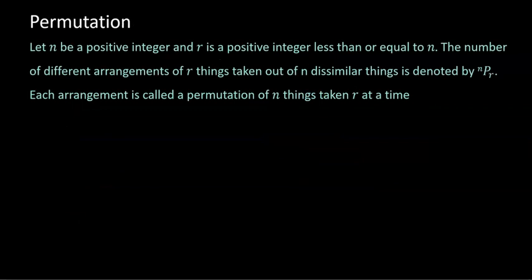So here, what exactly is happening? There is a positive integer n and another positive integer r, and the property is that r is always less than or equal to n. I have to make r arrangements out of n, because n is the bigger part.